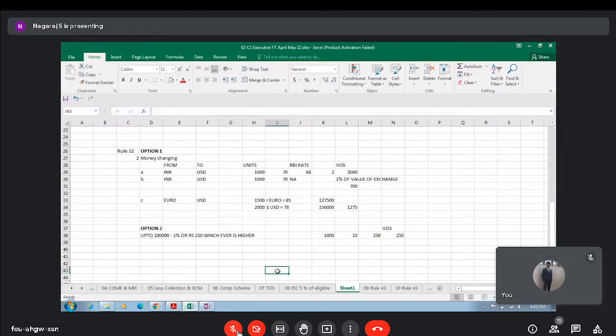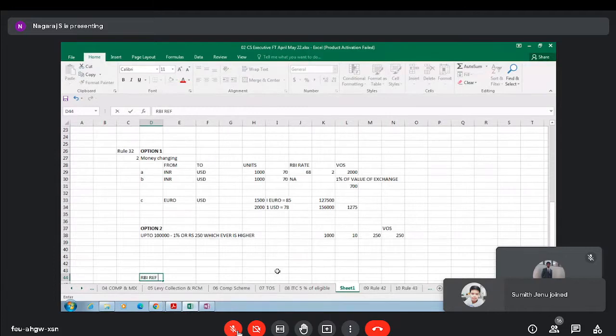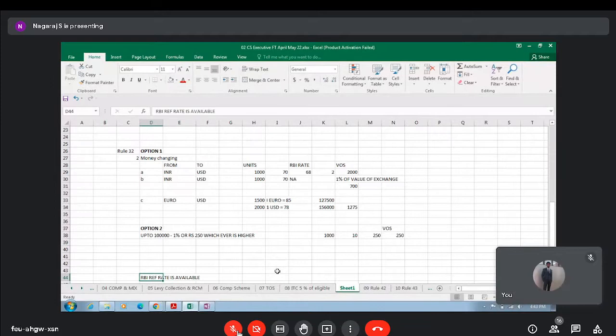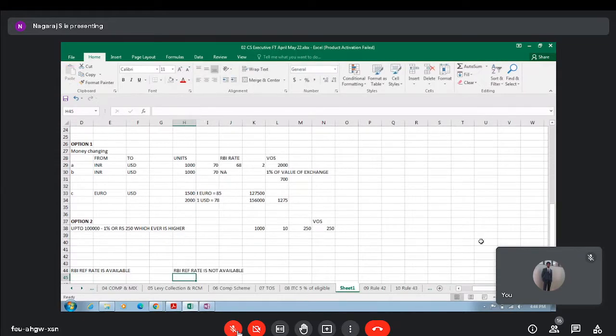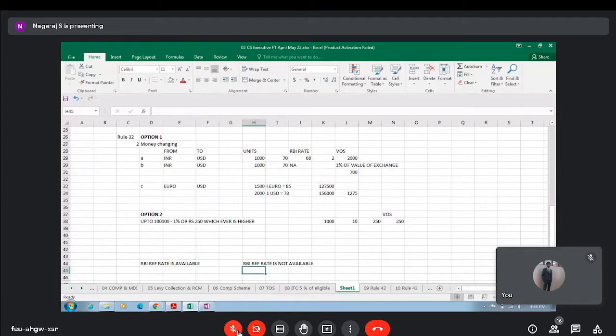See, like this you have: one, RBI reference rate is available. Another one, RBI reference rate is not available. Okay. Like this you have two parts.